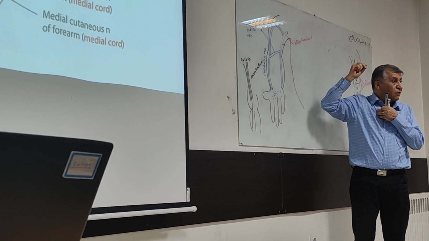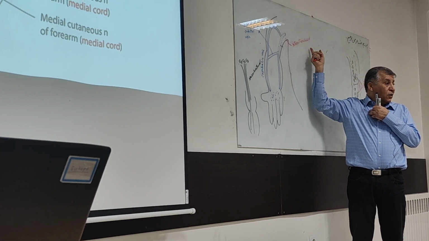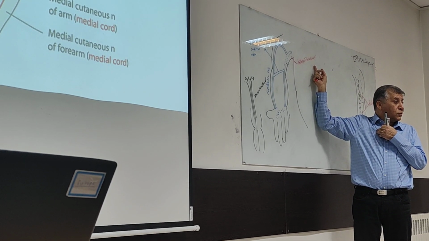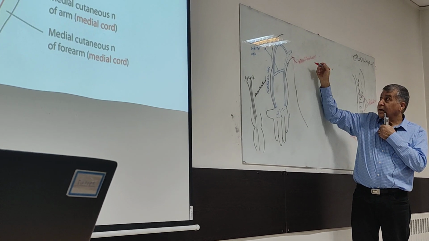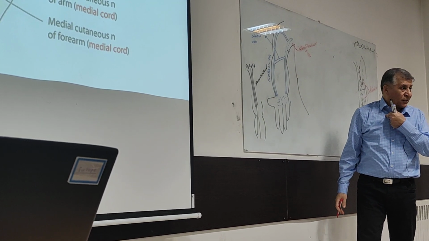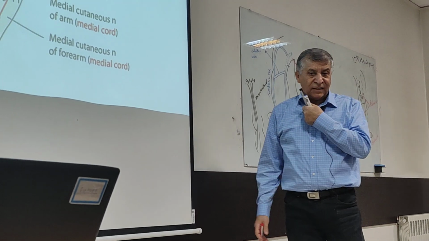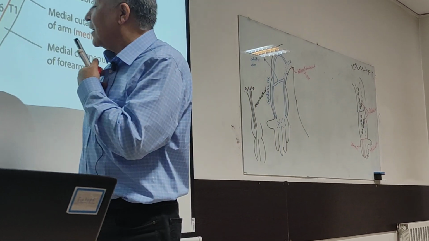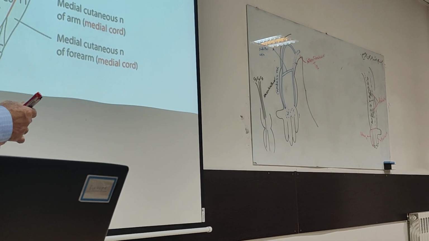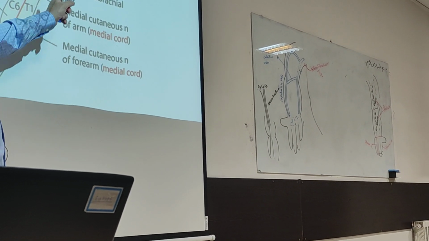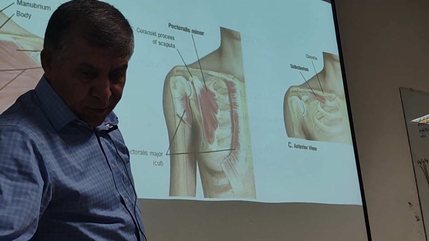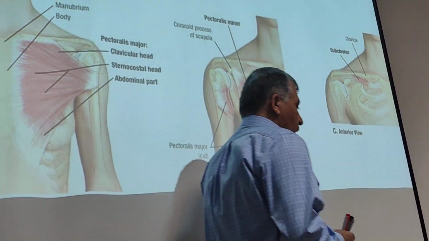Which spinal nerve is the dominant part, T3 or T2? T2. The second intercostal space contains T2.